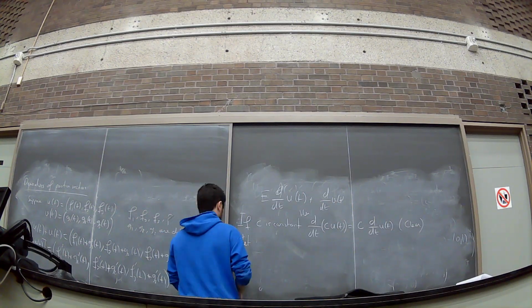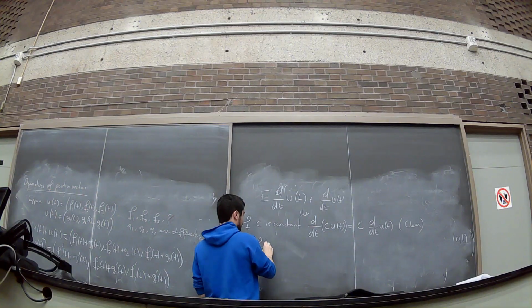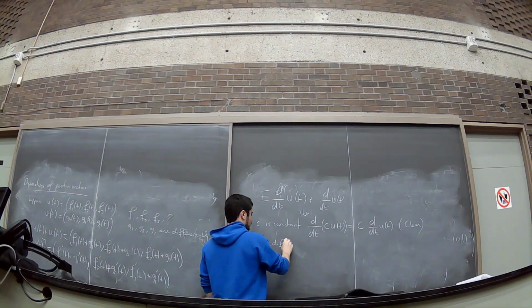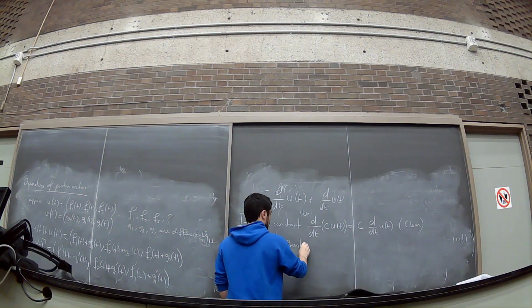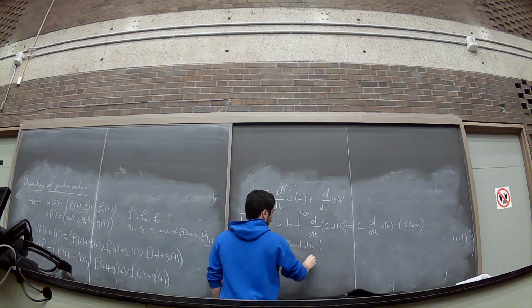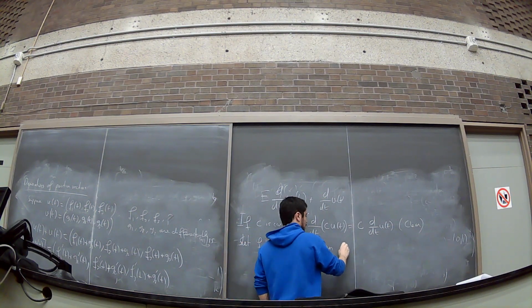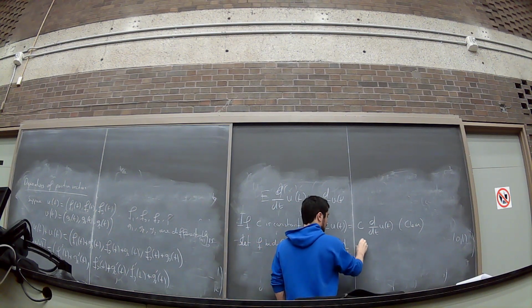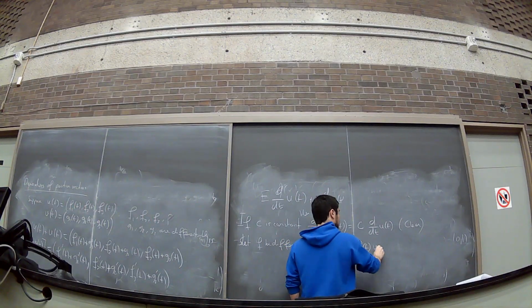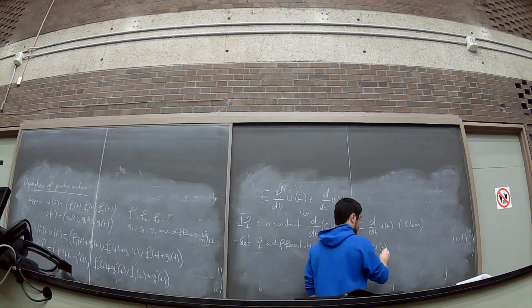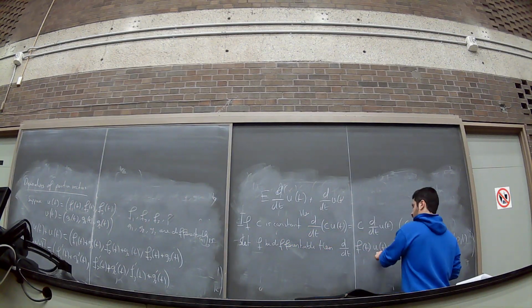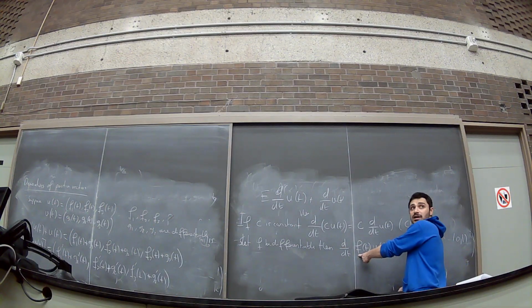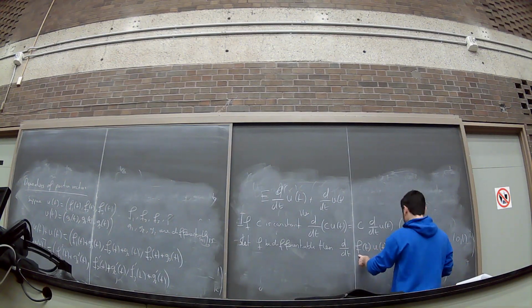I call them f1, f2, f3. So let f of t be differentiable. Then d by dt of f of t times u of t, which is just a vector. So you multiply the vector u of t by this number. f of t gives you a number, it's a real valued function.